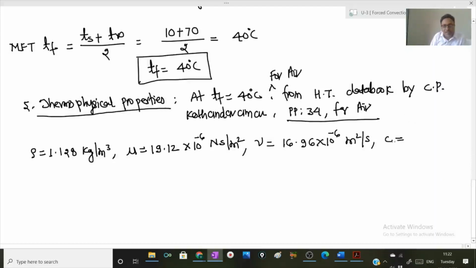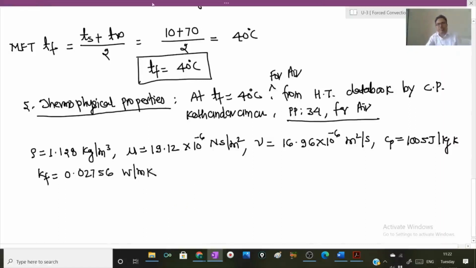Cp or C value is 1005 joule per kg per Kelvin, and thermal conductivity of air as a fluid is 0.02756 watt per meter Kelvin.